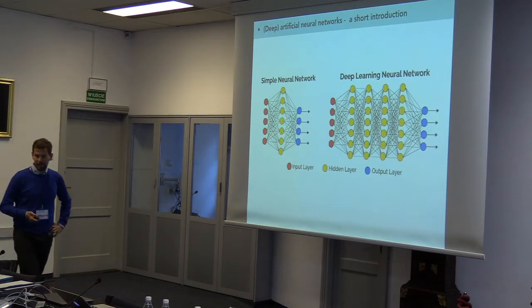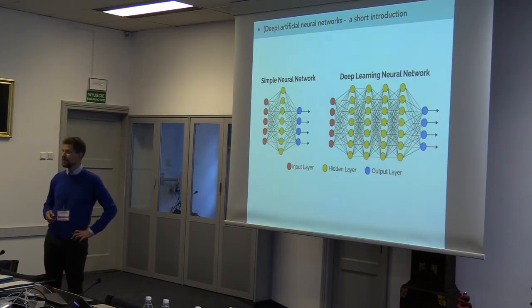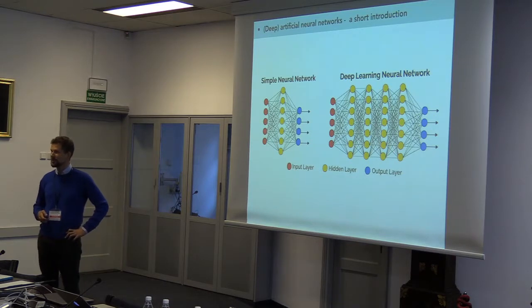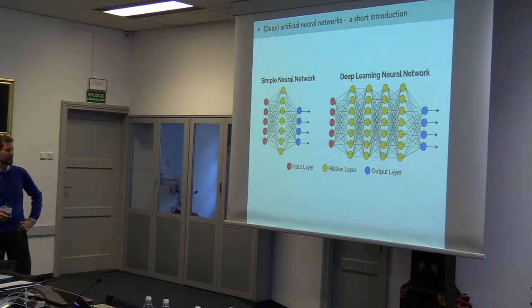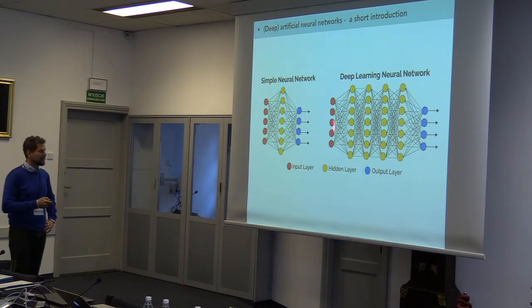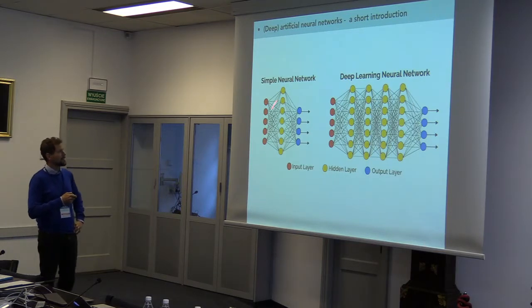But first, I will allow myself to make a short introduction to neural networks and deep learning. There are, I guess, only 2 or 3 other talks touching upon these subjects at this conference. So this is a simple neural network. You input your data points here.